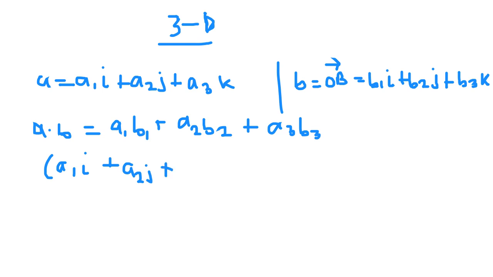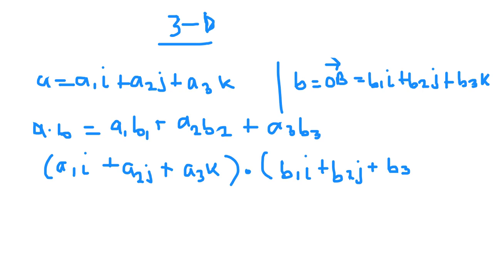Dot, so we're doing dot B1I plus B2J plus B3K. So let's do a dot product between these two vectors. How do we do it?